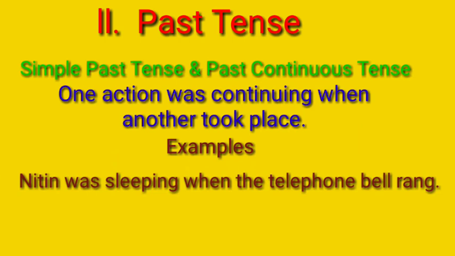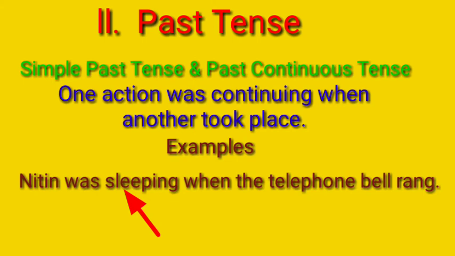Nitin was sleeping when the telephone bell rang. Here two tenses are used. First one, Nitin was sleeping. We know that in past continuous tense we use subject plus was or were plus ing form of the verb.